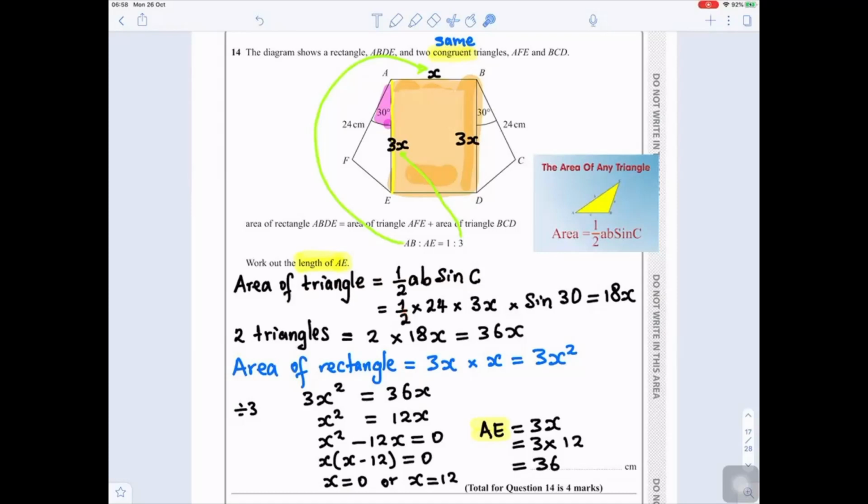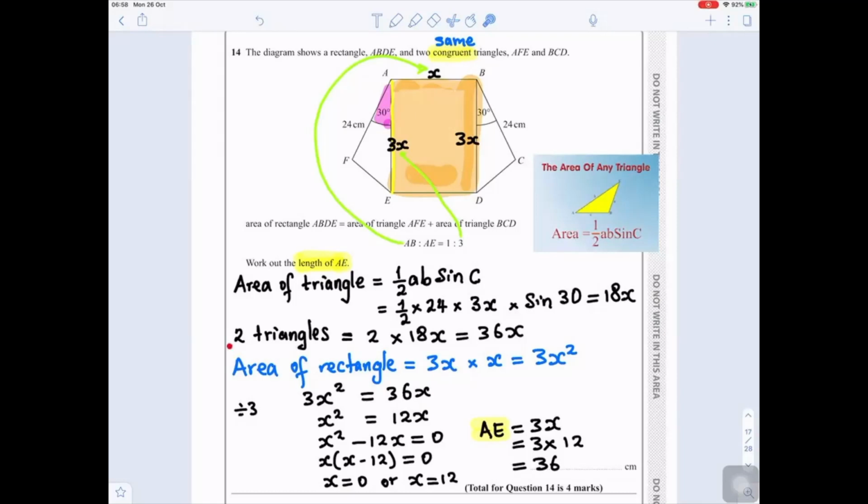So half times one of the sides is 24 and the other side is 3x. So half times 24 times 3x times sine of 30 degrees. The angle between them, the pink angle there, is 30 degrees. And that is equal to 18x, because sine of 30 degrees is a half.